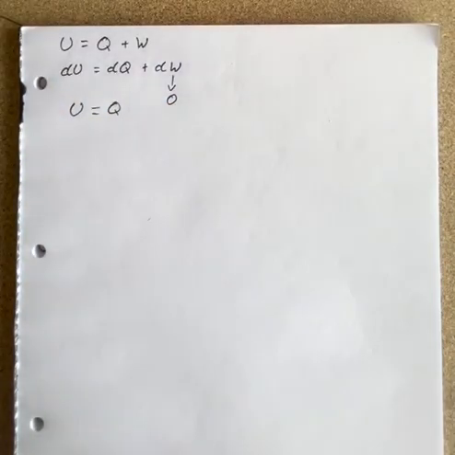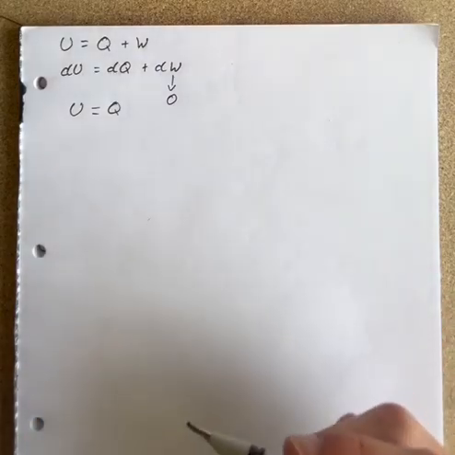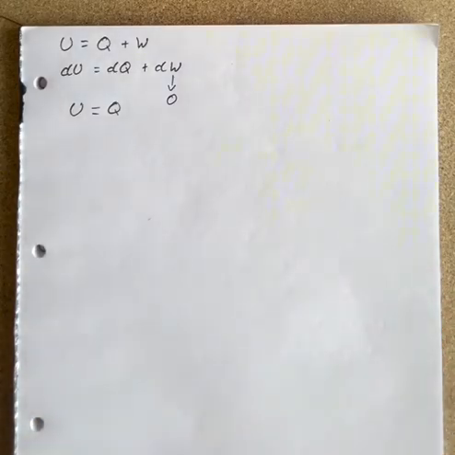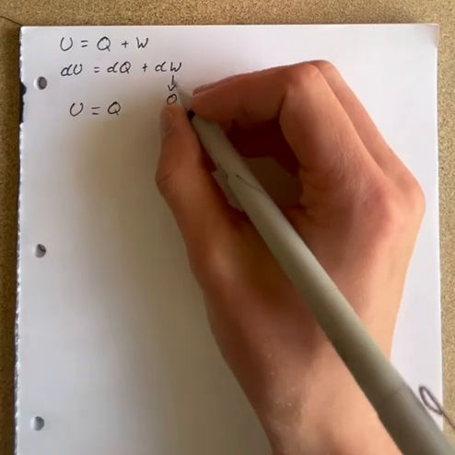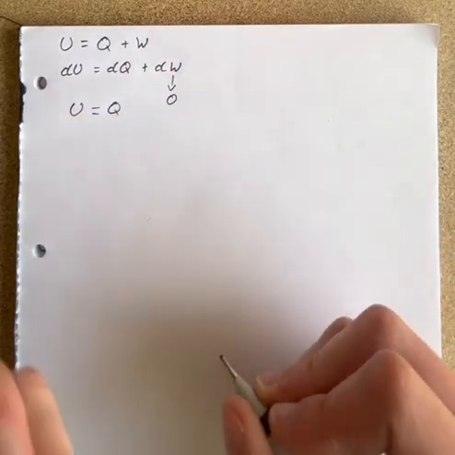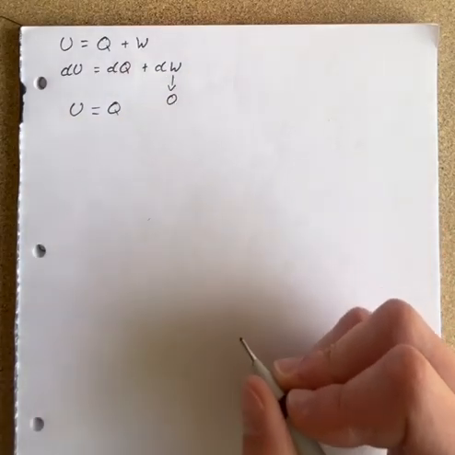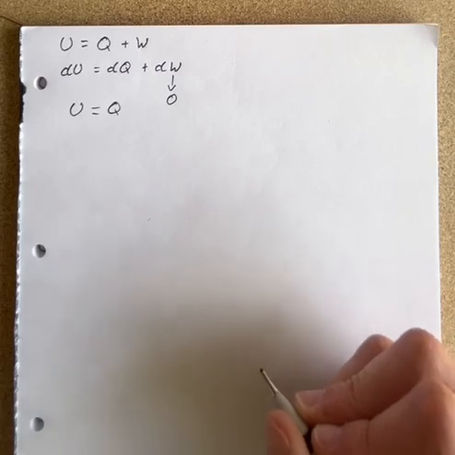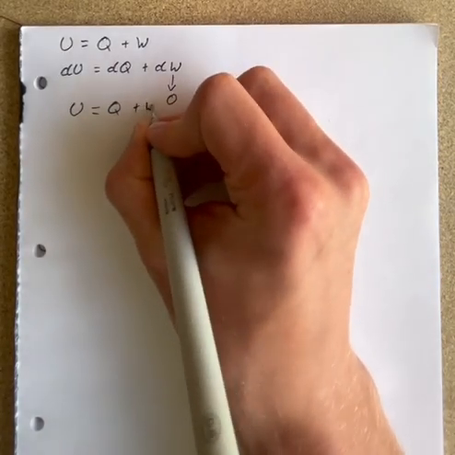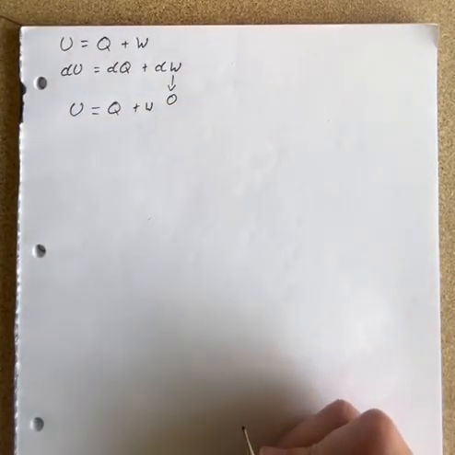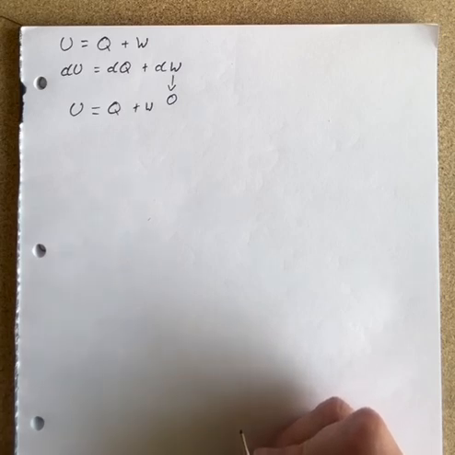And if we start doing work on it, like compressing it, that work done is added to the system, and more energy is added or taken away depending on what you're doing. So you just simply add the work done, and for a closed system, that is all the energy in it. So let's start with the first question, applying the first law.